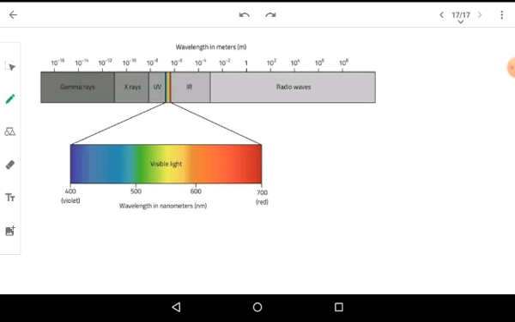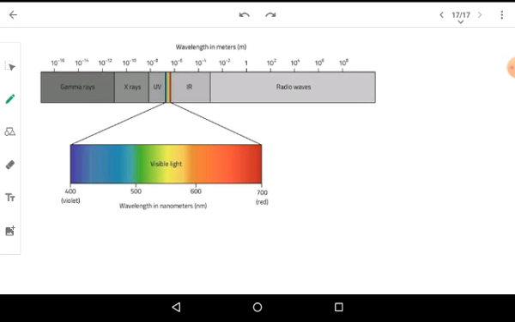These range from 10 raised to minus 16 to 10 raised to 8 meters. For the radio wave, the wavelength is greater than 5 kilometers, the wavelength is so large.